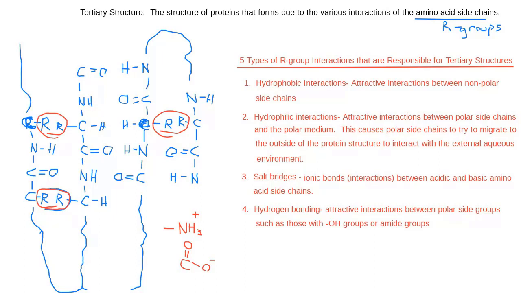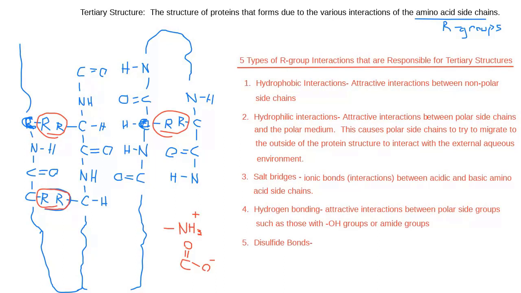All right, one more to go, and that is the last factor that is responsible for tertiary structures, and that's disulfide bonds. This is really limited to one specific amino acid.